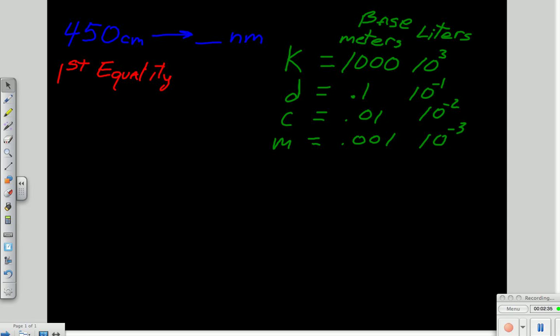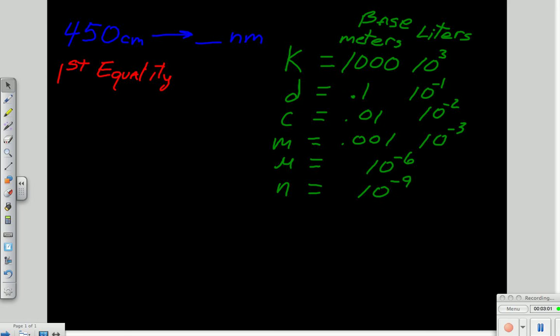You're going to use, once in a while, a micro. That's written as a mu. It's 10 to the negative sixth, very small base units. And then nano. There's a unit in the text that we're going to be using often. It's equal to 10 to the minus ninth base units.